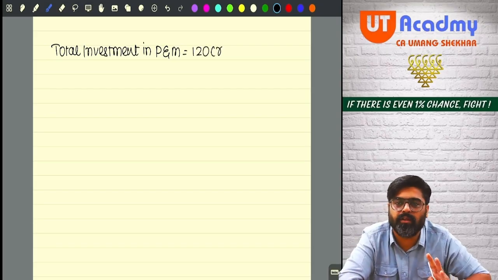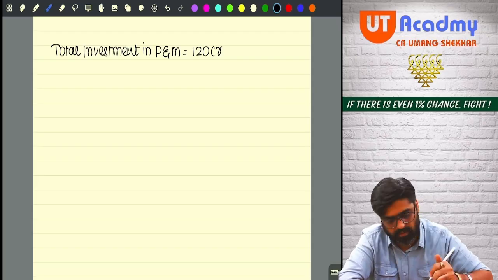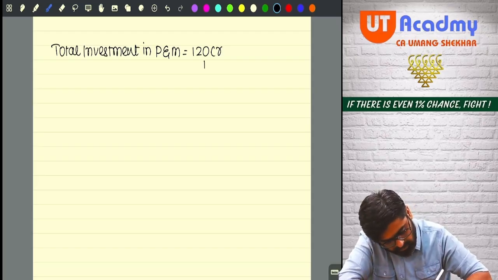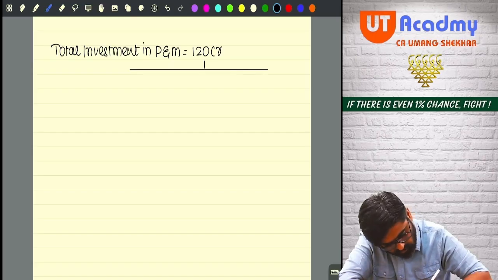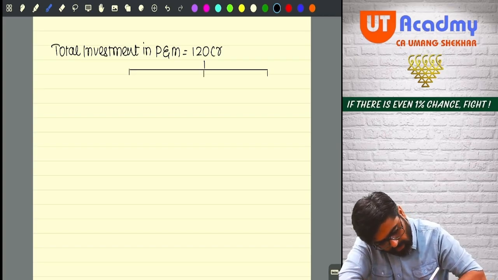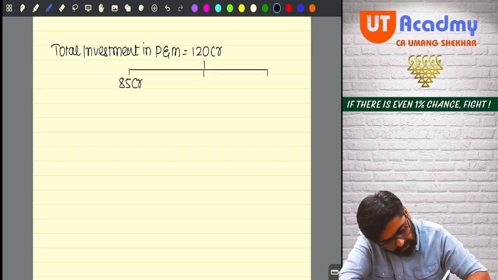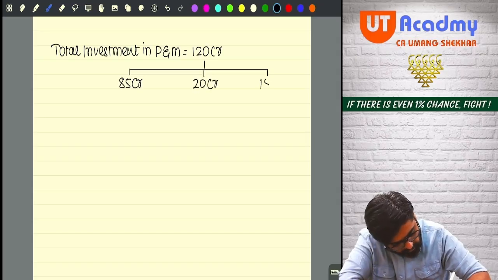I will bifurcate this into three parts. First, I will write down 85 CR. Then I will write 20 CR. Then I will write 15 CR.